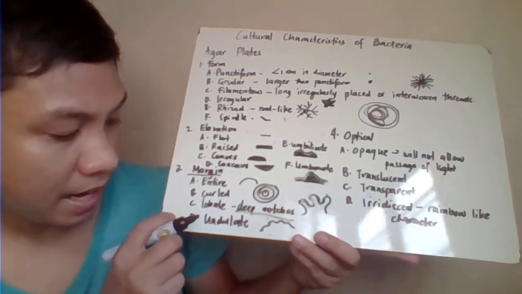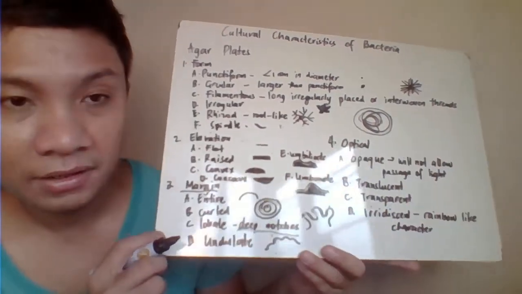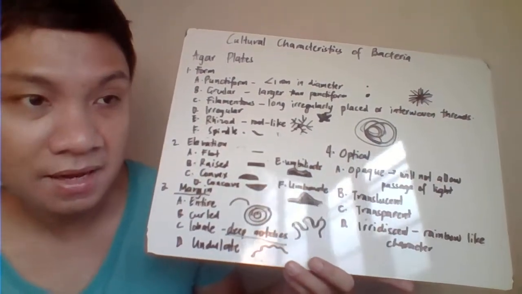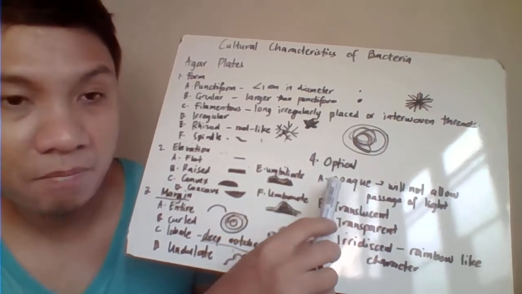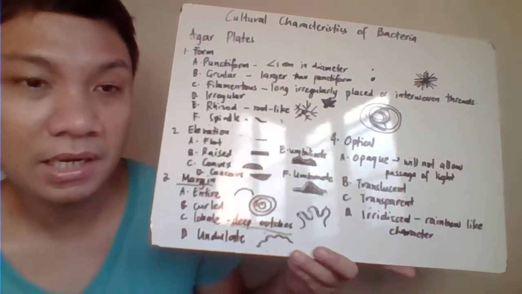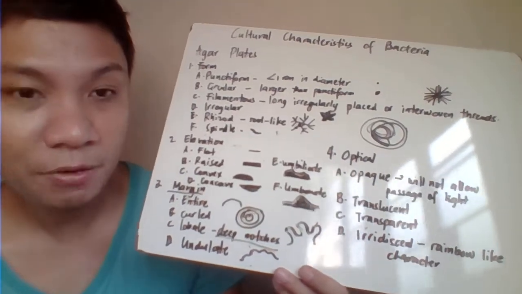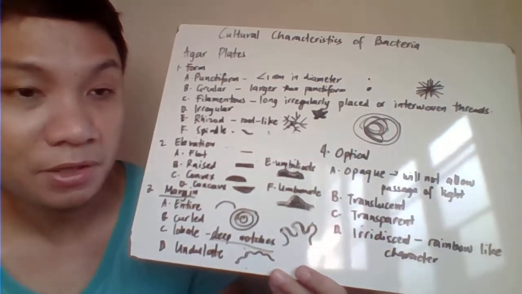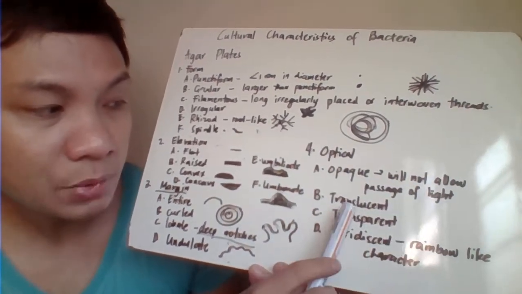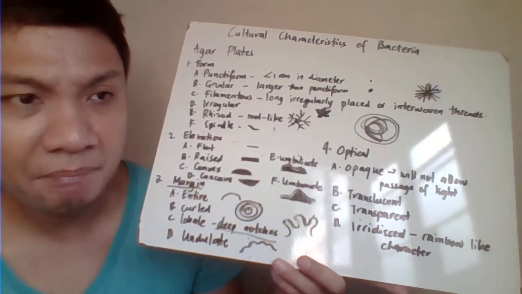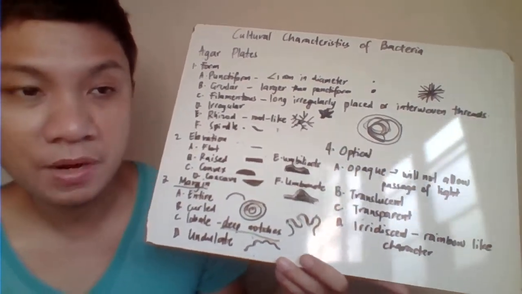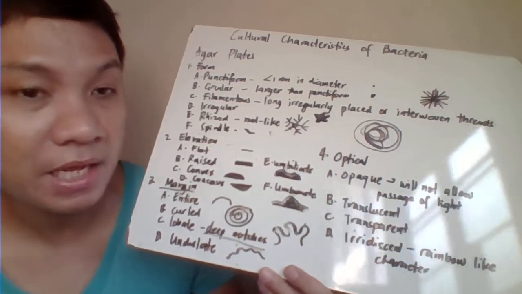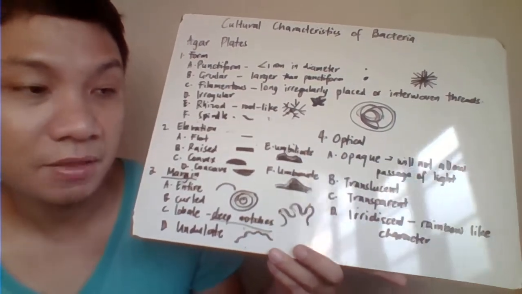Another one we have here is the optical characteristic, or how clear the colony is. We can have opaque: when we shine an illuminator, the light is not able to pass through. Translucent is somewhat hazy, but if you allow the light to pass through with your trans-illuminator, it will pass through.